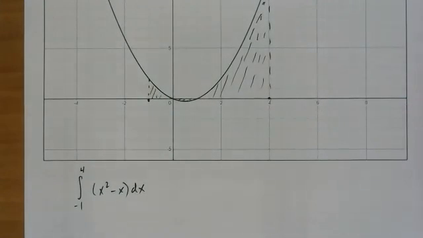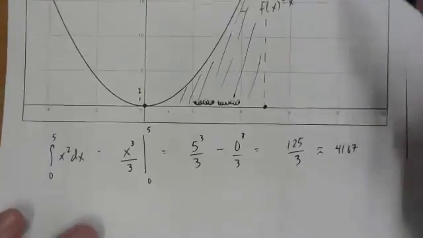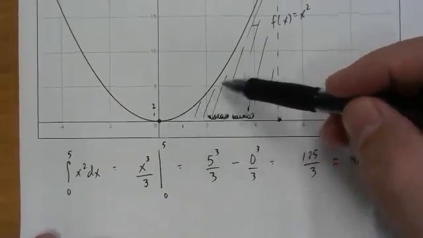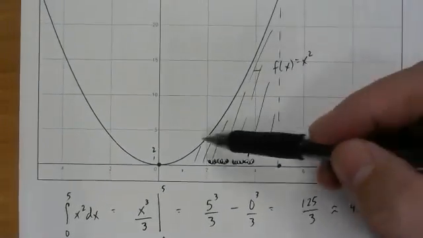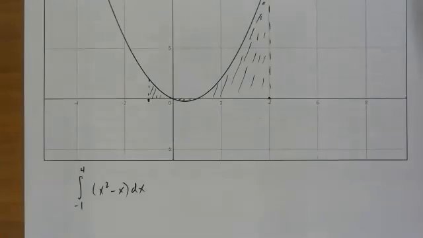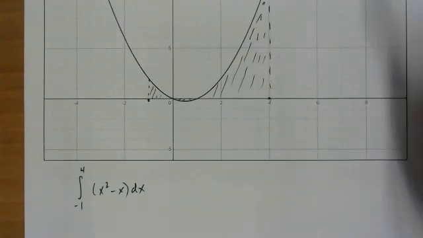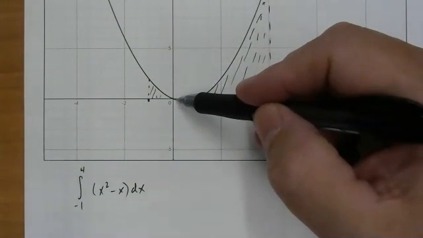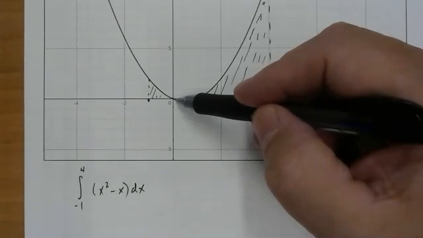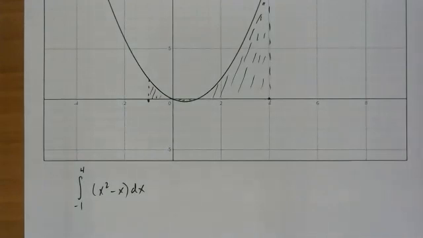Just like the one I did a minute ago. In this case, the function was above the x-axis, so this ended up being a positive number. But what's interesting, anytime the graph is below the x-axis, when we calculate this area, we make this area into a negative number.